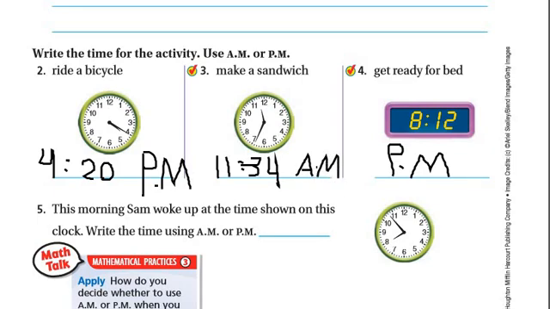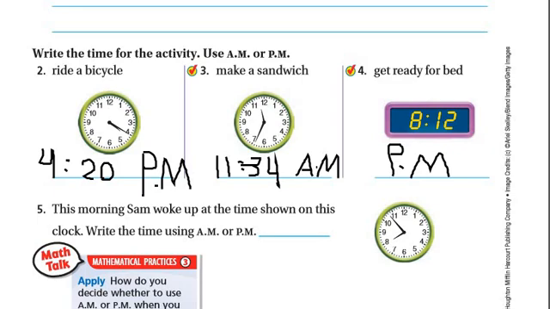Number 4, get ready for bed. Of course, when you get ready for bed, you will sleep. Will you sleep at 8 AM or 8 PM? Of course, PM, because it will be at night.